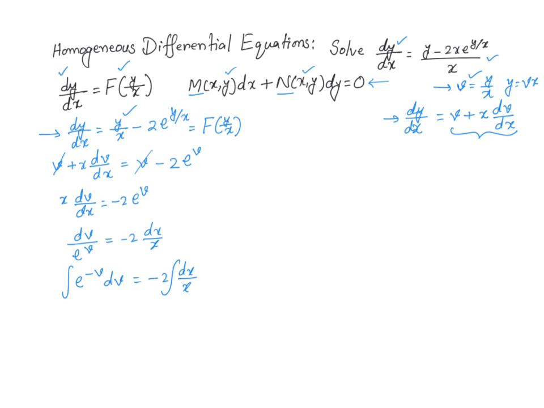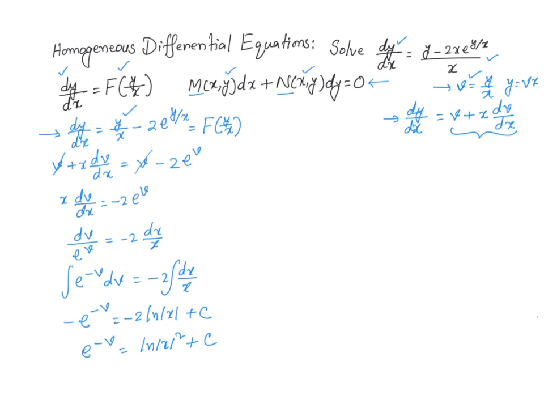So the integral of this is going to be negative e to the power negative v is equal to negative 2 times ln of absolute value of x plus some arbitrary constant c. Now the negative is going to cancel out, right? So I could rewrite it as e to the power negative v is equal to ln of absolute value of x whole square plus some constant c.